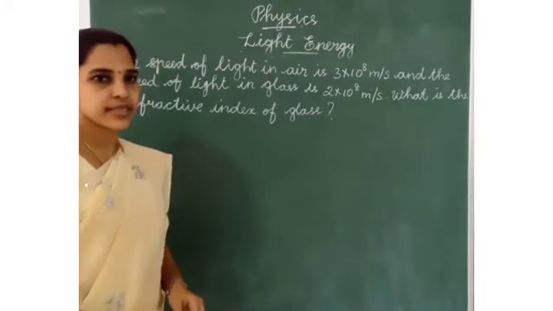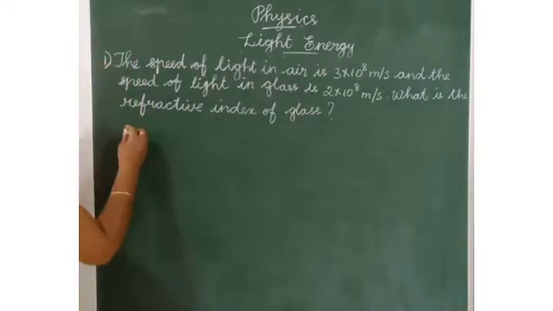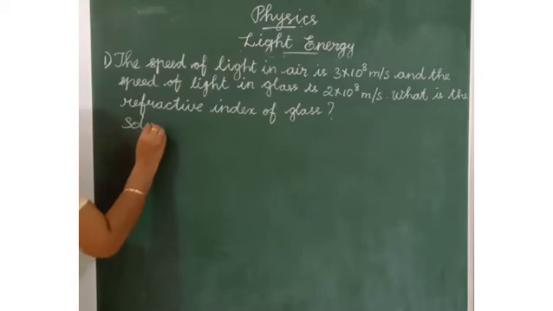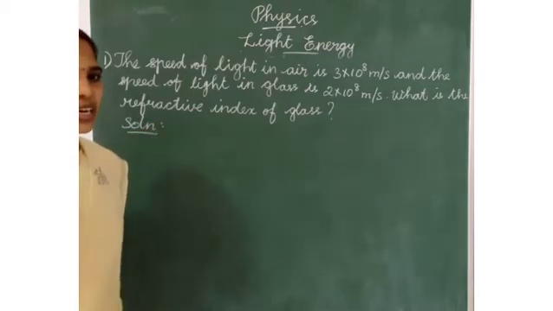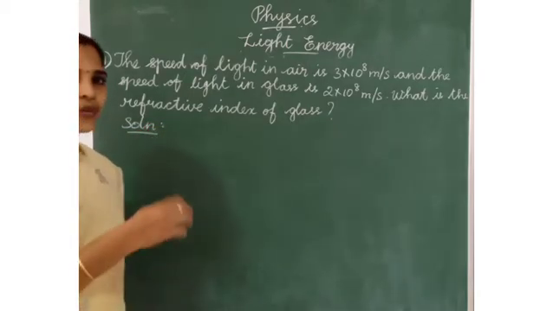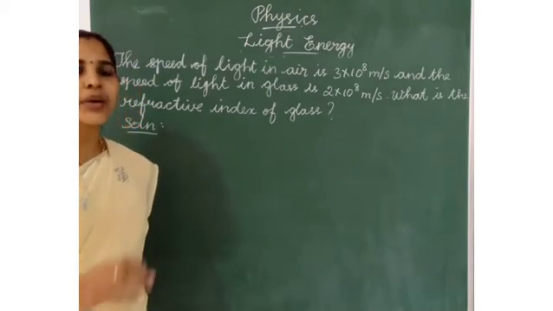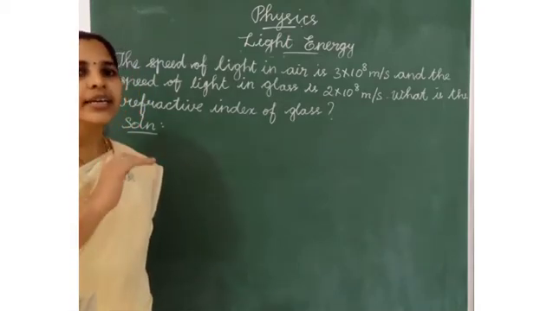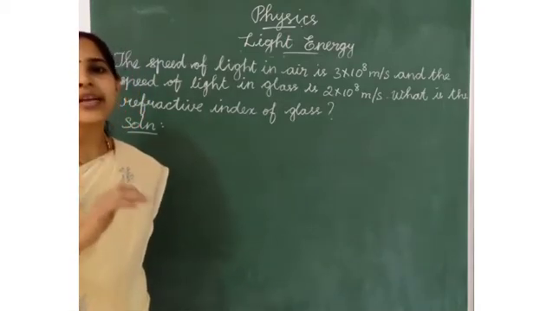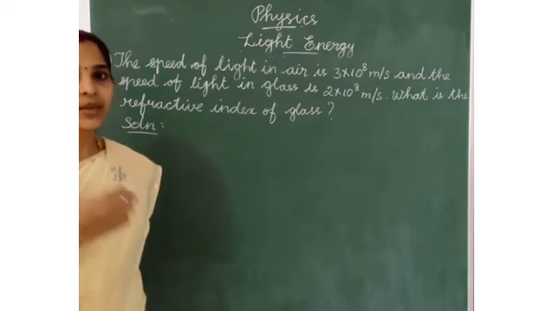What is the refractive index of glass? Solution. What is the formula to find refractive index? Refractive index is equal to speed of light in air divided by speed of light in another medium.